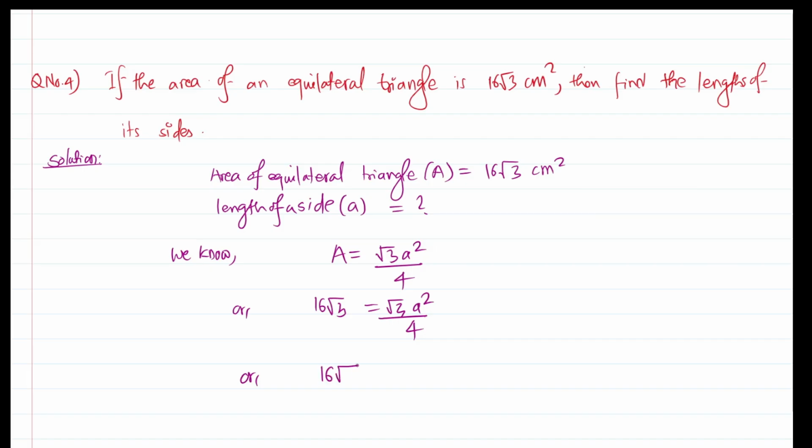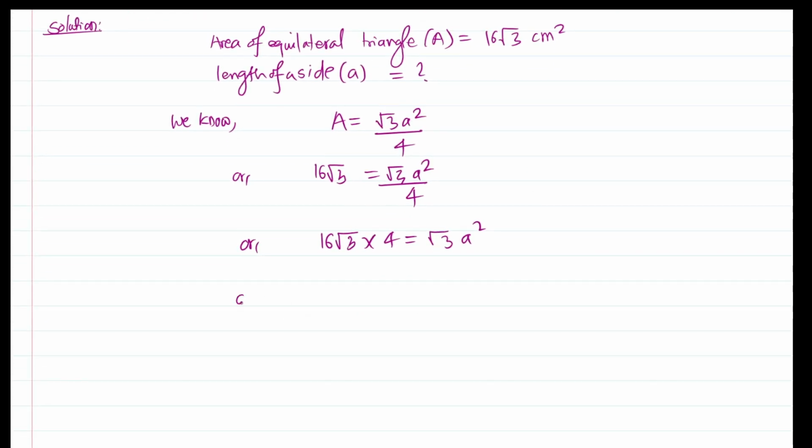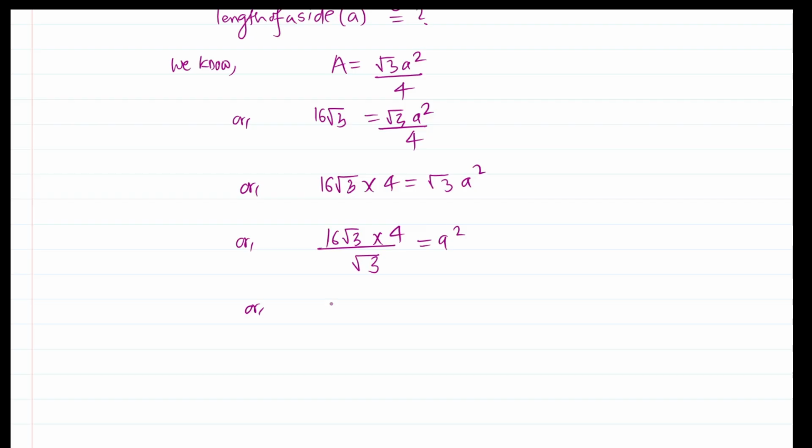Changing the equation, root 3 A square equals 16 root 3 times 4, divided by root 3. Root 3 gets cancelled.